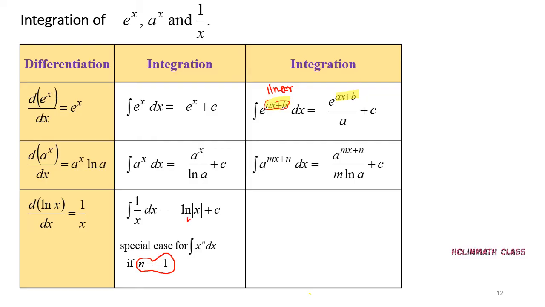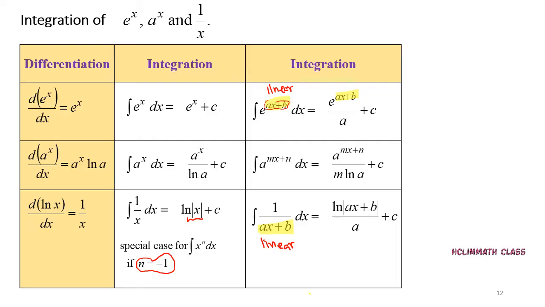In chapter 1.3, I will discuss with you why we have to put the modulus here. This will be useful when you do the definite integral. So if I have 1 over ax plus b, please use your highlighter to highlight: this means a linear function.